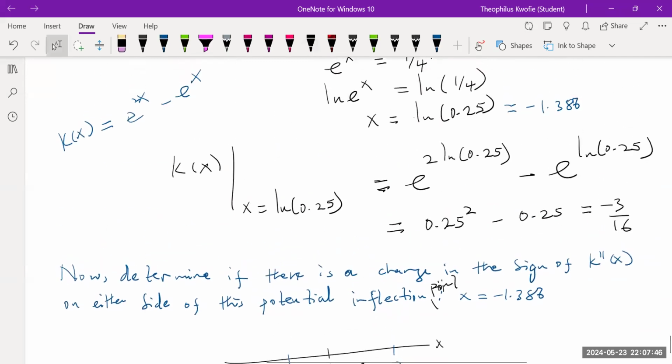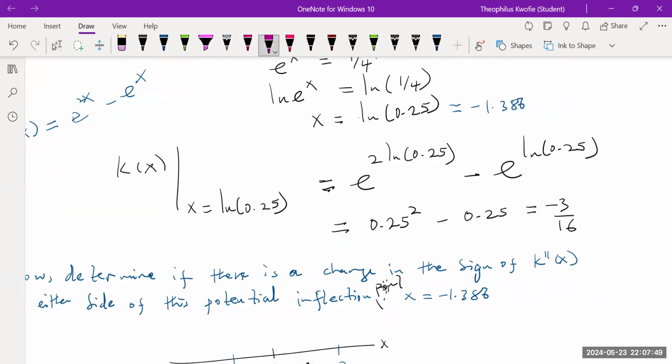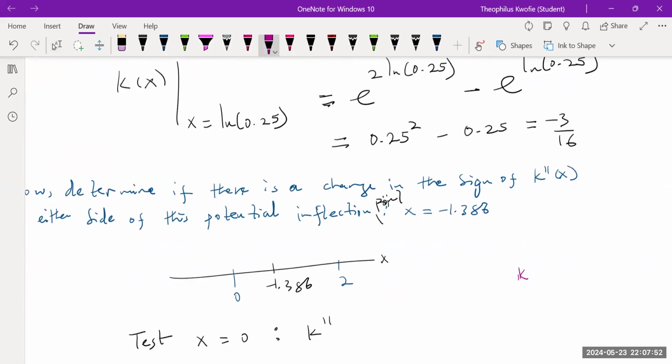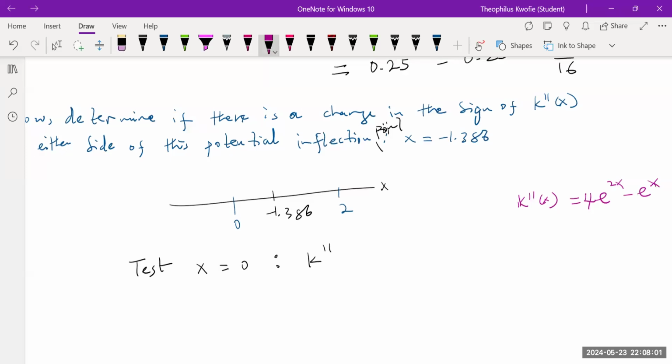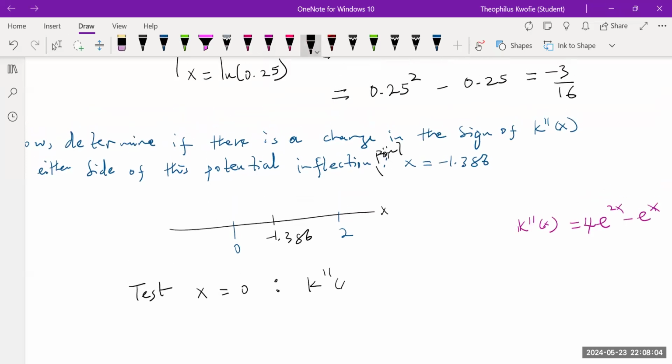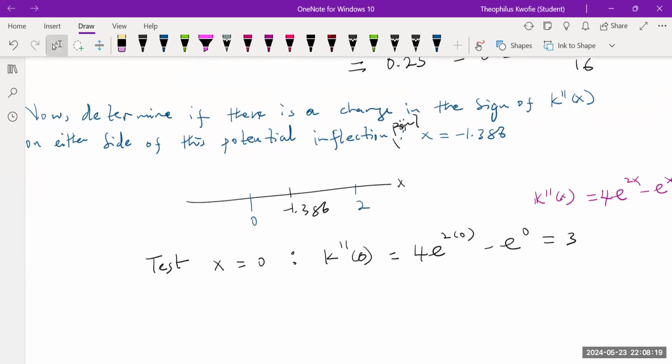Remember the second derivative we had 4 multiplying e to the power 2x. So we evaluate this at 0. What do we get? We are going to have 3. And then we also test for the other side, which is 2. And when we plug it into the f prime prime, that should give us what?